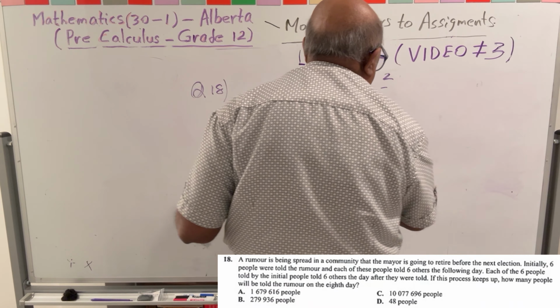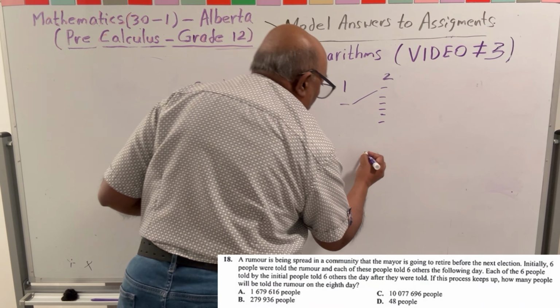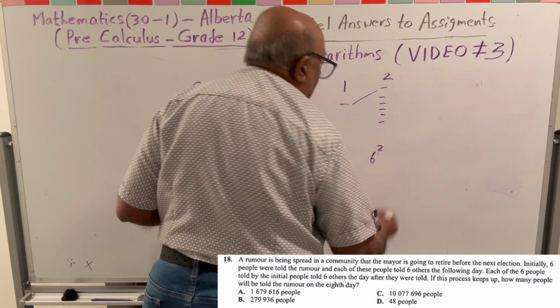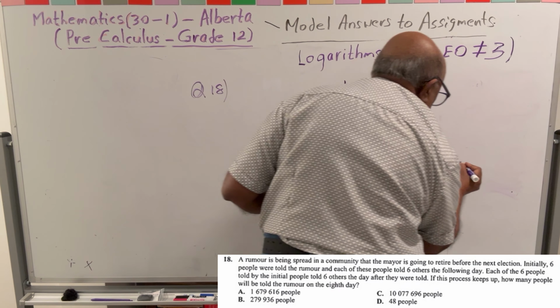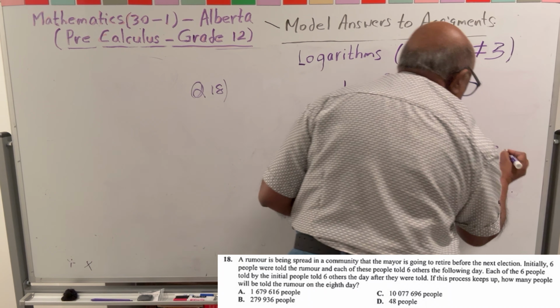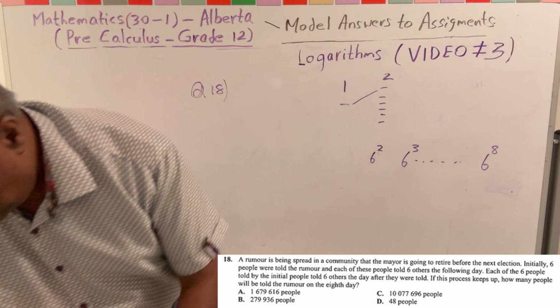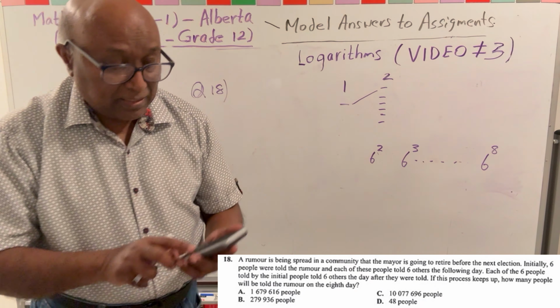That means this is 6 to the power of 2. At the end of the third day, 6 to the power of 3. Similarly, at the end of 8 days, 6 to the power of 8. Okay, let's compare this answer.